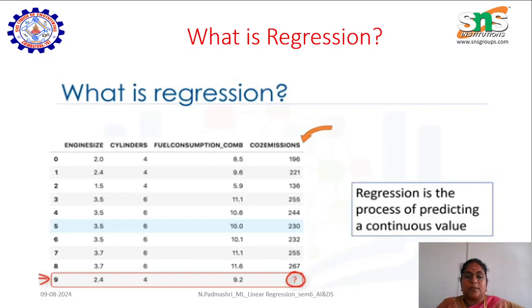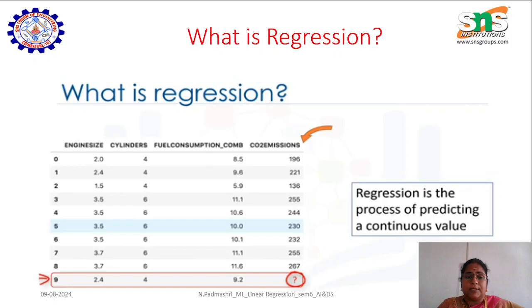So is it possible to predict the value of CO2 emission of a new car? Yes, we are able to predict the CO2 emission of a car by having these past details. What the past detail is giving us is the continuous value. By comparing that, in the new model we can predict the CO2 emission of car number 9.